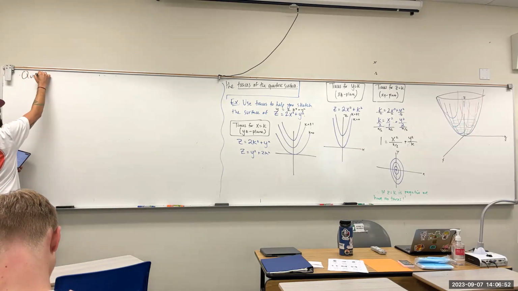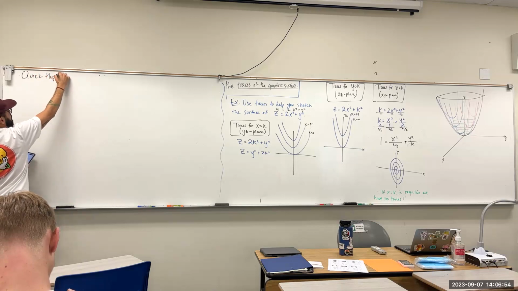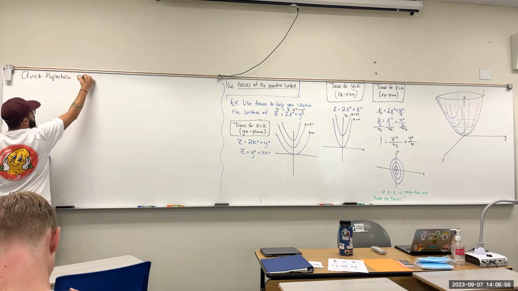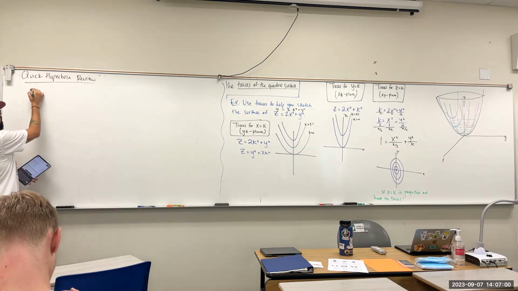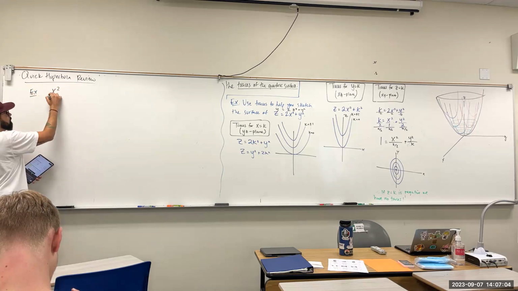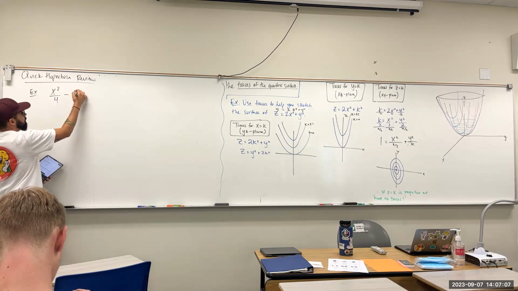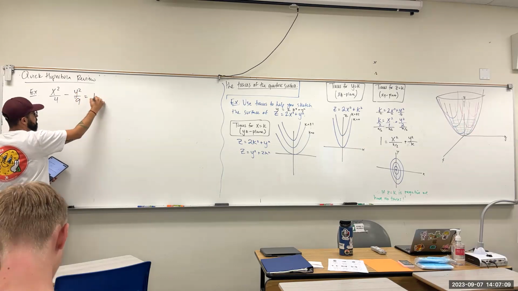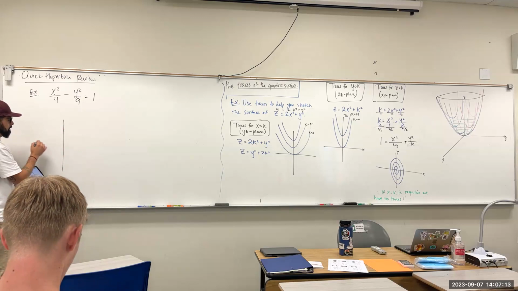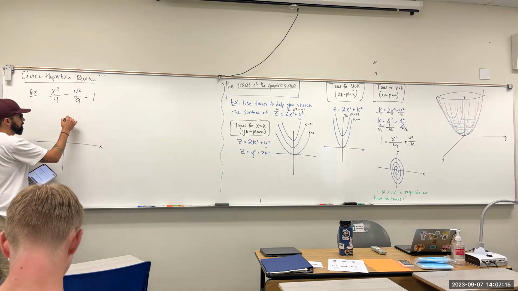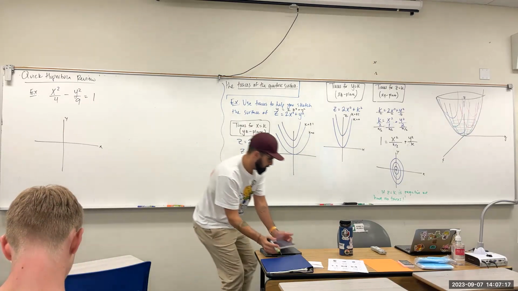So, quick hyperbola review. Let's say we just want to start with x squared over 4 minus y squared over 9 equals 1. And let's remember how we start graphing, okay?